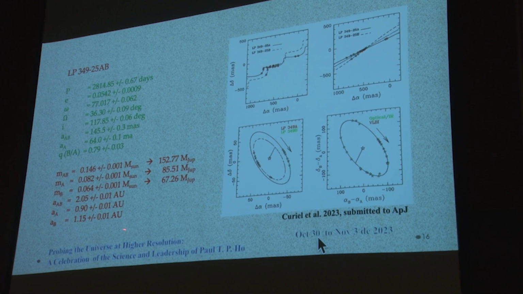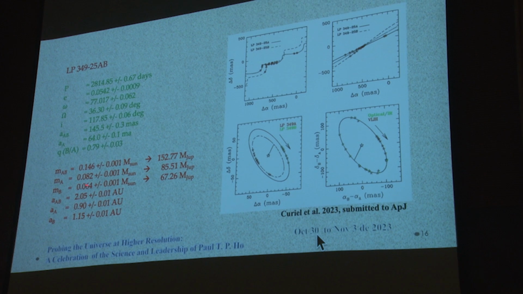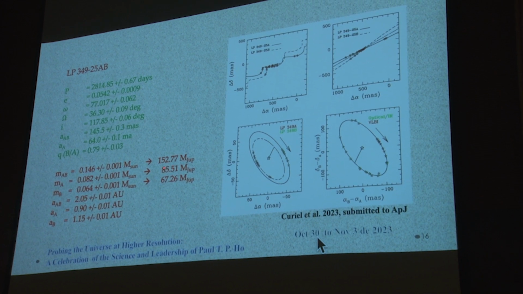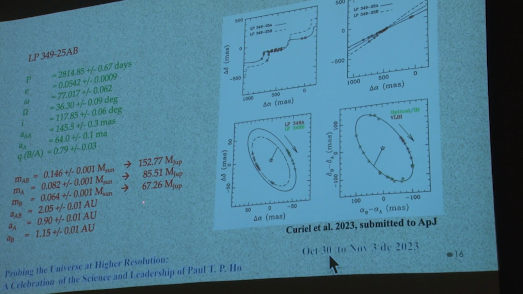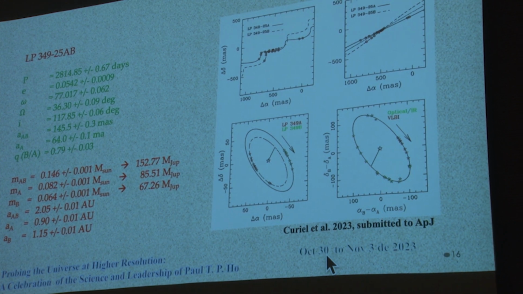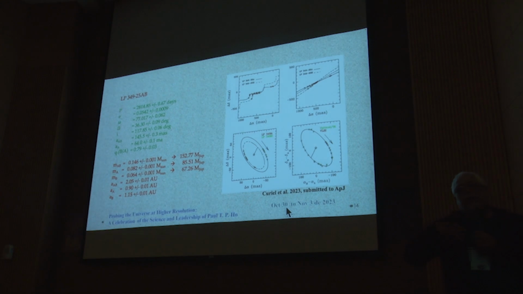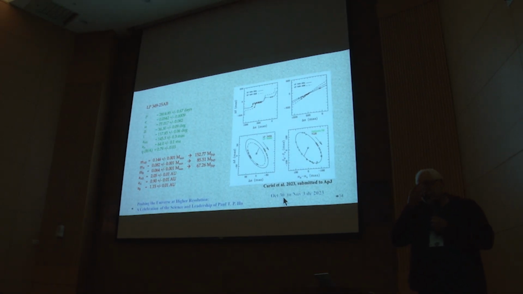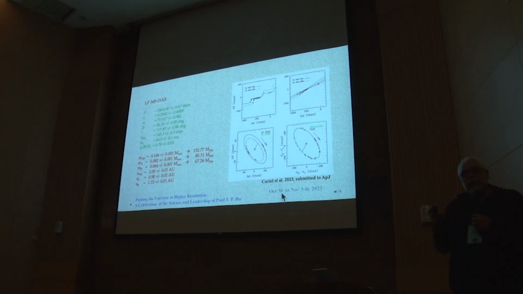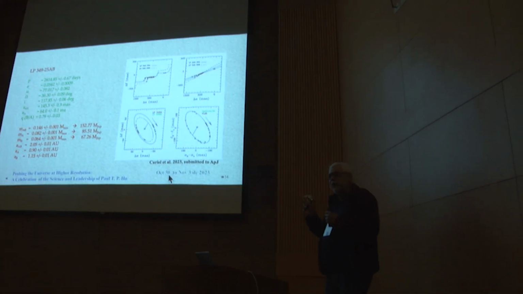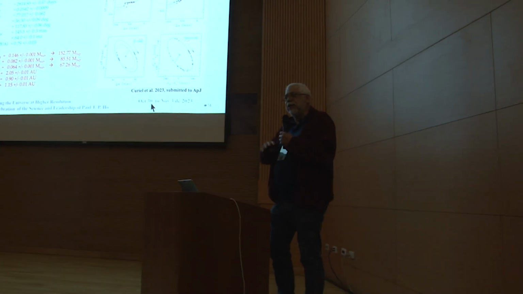What we found is that the mass of the stars, one is 85 Jupiter masses, and the other one is 67 Jupiter masses. So one is a brown dwarf, and the other one is a very low mass star. Each one of them is different. Every time we observe a source, we get something completely different.